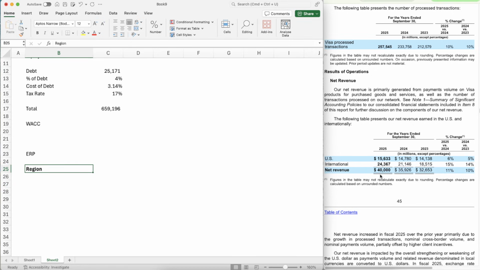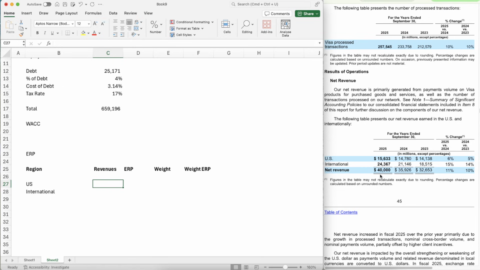We go region, revenues, ERP, weighted ERP. So the first region, US. Second one, we're just going to go international.